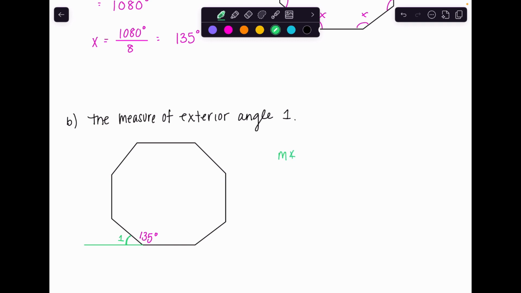So the measure of angle 1 plus 135 degrees must be a straight line. So this will equal 180. So going through and solving, all I'm going to do is subtract 135 degrees. So the measure of my exterior angle 1 will be 45 degrees.